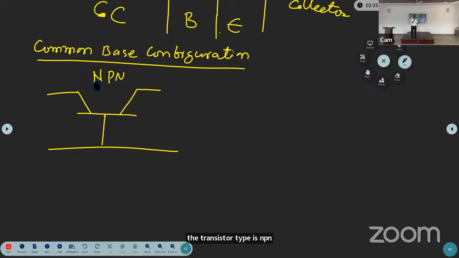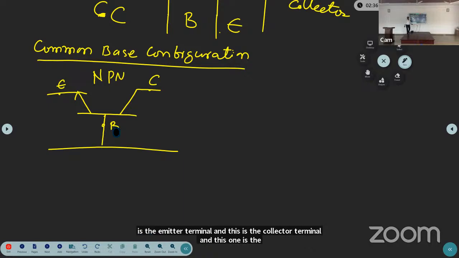We can analyze the PNP the same way. In the NPN transistor, electrons are the charge carriers. Wherever the electron is there, you can keep the hole, and wherever the hole is there, you can keep the electron. Simply, the operation is the same. So this is the NPN transistor. This is the emitter terminal, this is the collector terminal, and this one is the base. This is the common base configuration.